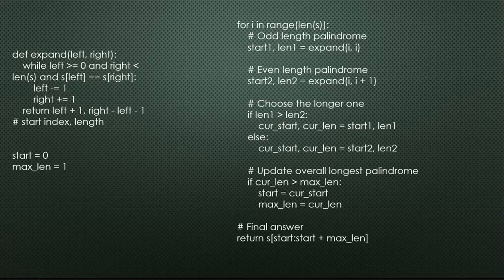You're going to check 2 centers, I, as well as I, I plus 1, based upon whether it is odd or even length. And choose the longer of the 2 palindromes and compare it with the longest palindrome found so far. If it is longer, you are going to update the starting index and the maximum length. After checking all possible centers, return the substring using the recorded starting index and the length.